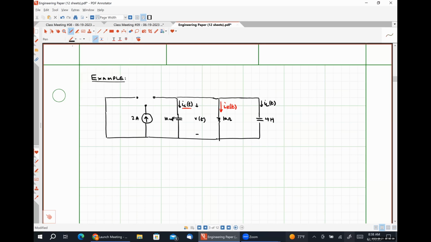And I'm going to throw you guys a smidge of a curveball here. We're going to assume that our switch is going in the opposite direction, meaning that it was closed at A at t is equal to 0, and then switches over to closed at B at t is equal to 0 plus, so that instead of taking our current source out of the circuit, we're adding a current source in.